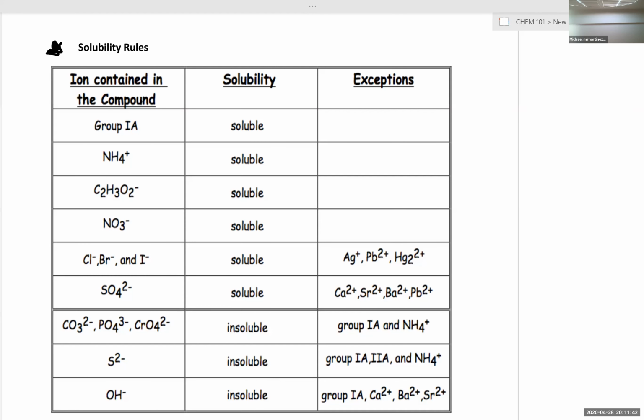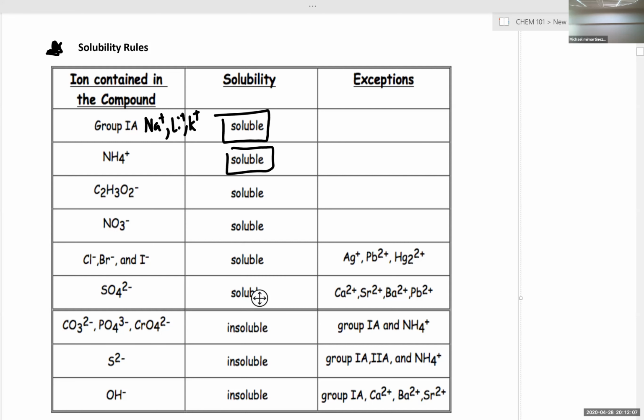Let's try to list some of the more common ones. Sodium, yep. Okay, lithium, yep. Potassium. Okay, so all ionic compounds containing group 1A ions are soluble. Likewise, any ionic compound that has an ammonium salt is soluble.